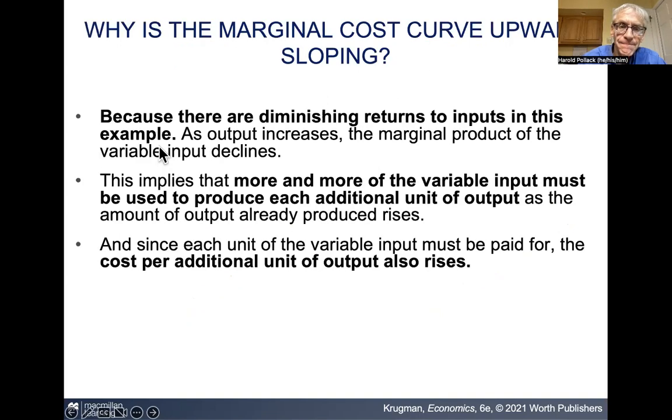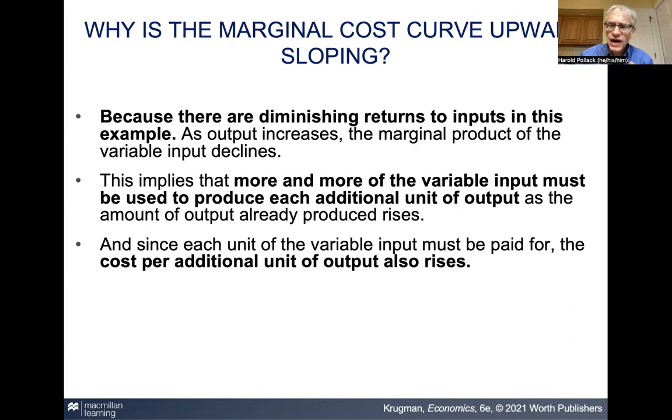Because there's diminishing returns to inputs, the marginal product of each of the input variables declines, and that means you need to apply more and more of the inputs in order to get another unit of output. That's what makes it so expensive, and why marginal cost goes up as you go along: you need to put in more and more expensive inputs to get one more unit of output.